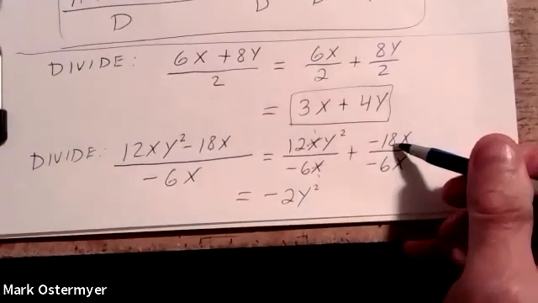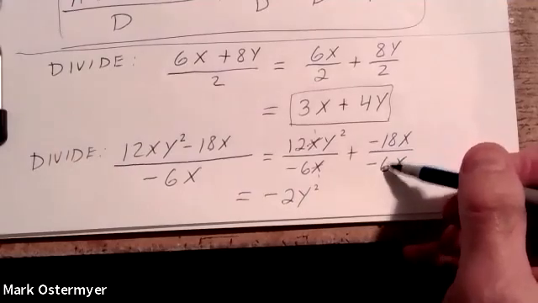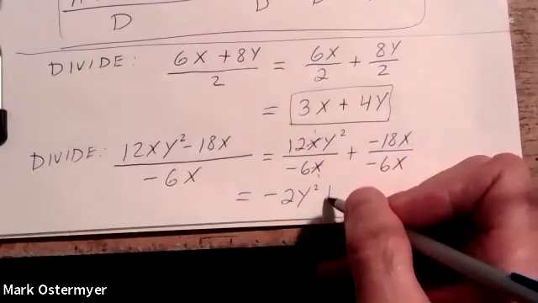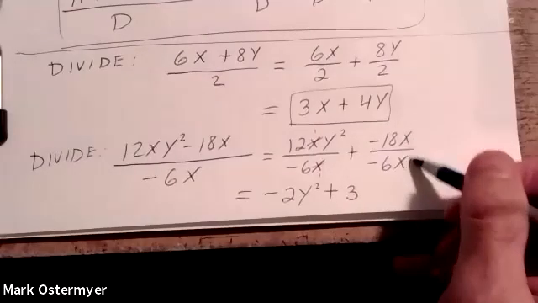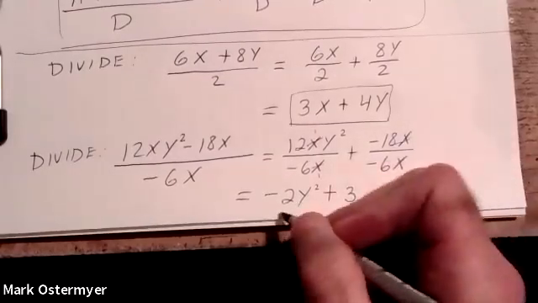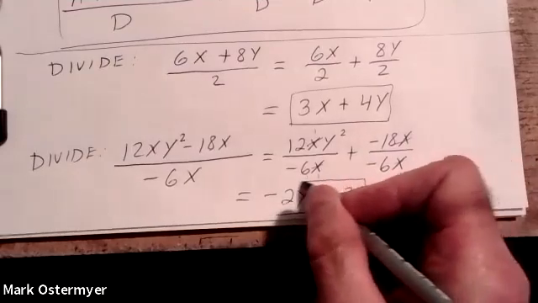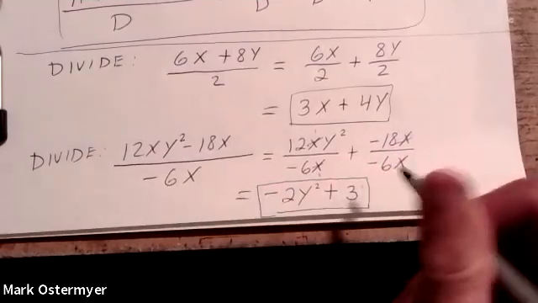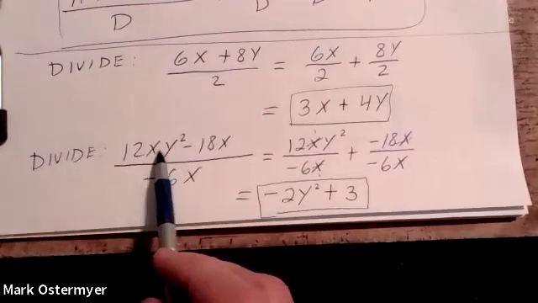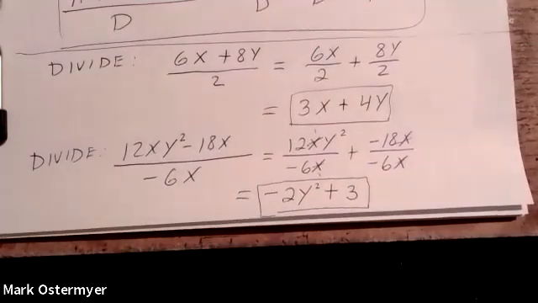What's -18 divided by -6? Positive 3. What happens to the x's? They reduce out. And we're left with this for our quotient: -2y squared plus 3 is the quotient of having divided this binomial by the monomial -6x. That makes sense? Are we divided by that monomial?